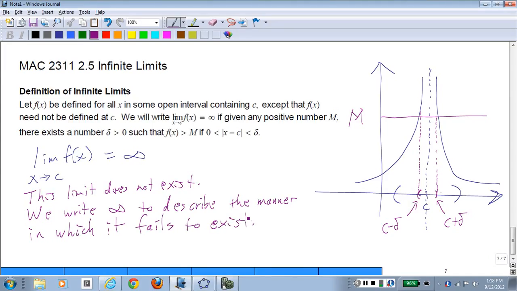So it's a little more specific than DNE. If I give you this limit on the test and you say DNE, while true, that is not the answer I'm looking for. If you can be as specific as positive infinity or negative infinity, you want to go ahead and do so.